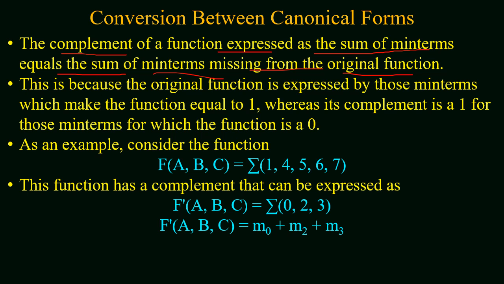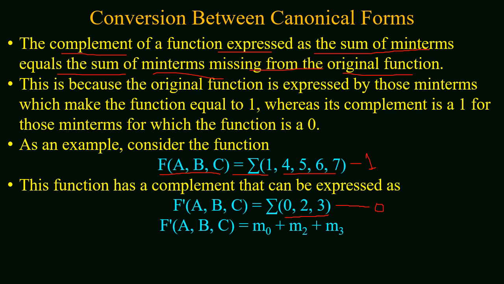Like if we have a 3 variable function, then we have the possibility of 8 binary combinations. And if function f consists of 5 minterms and corresponding to each minterm the function has an output value of 1, its complement will consist of all those minterms which have a value of 0, and the number of minterms will be 3.